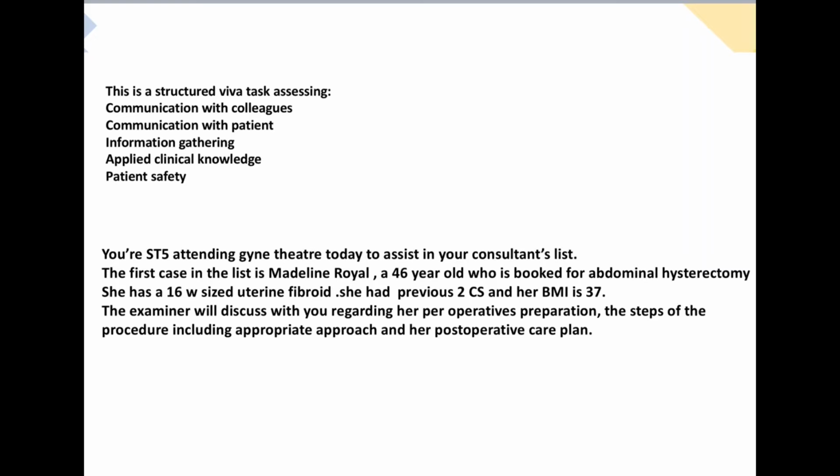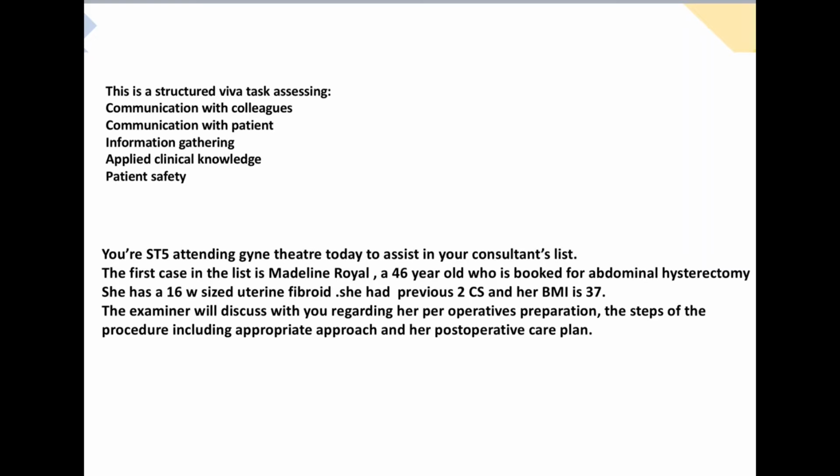We can speak to the patient and let her know that we need to examine her while she is asleep, or if she's going to have regional anesthesia, we can tell her we are going to examine her under anesthesia and decide what type of incision we are going to do. The types of incision can be either a midline incision or a low transverse incision, and we will speak about them soon.